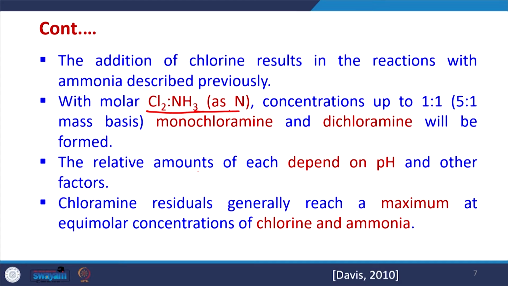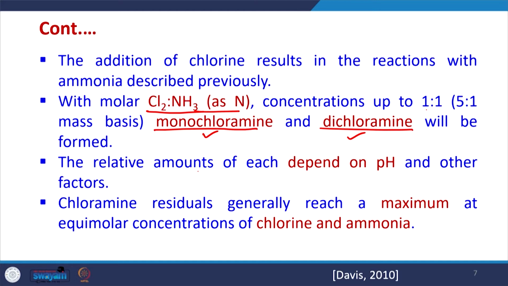Up to a 1.1 molar ratio, monochloramine and dichloramine will get formed. The relative amount will depend upon the pH, whether it is di or mono. As already mentioned, at higher pH monochloramine will be dominant, and at lower pH dichloramine will be dominant.